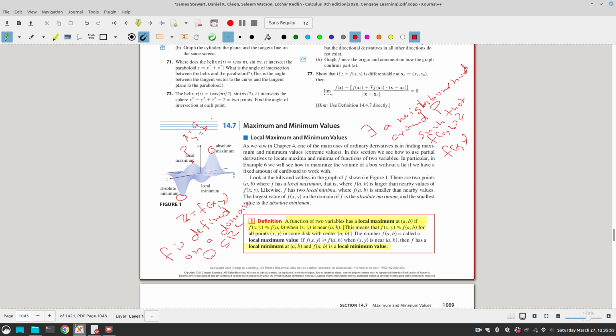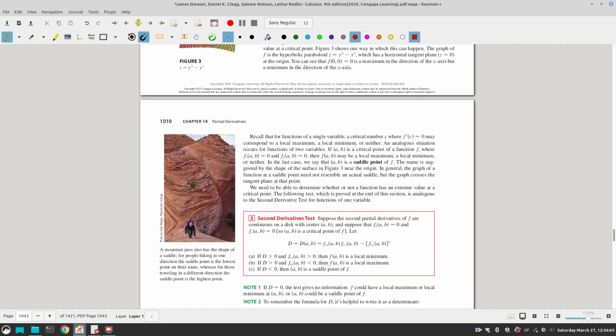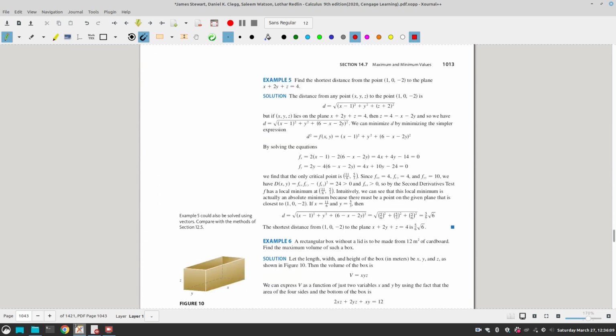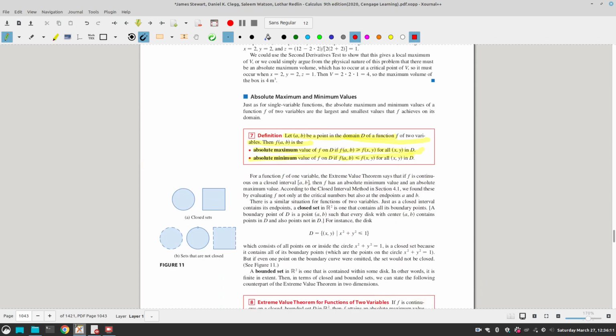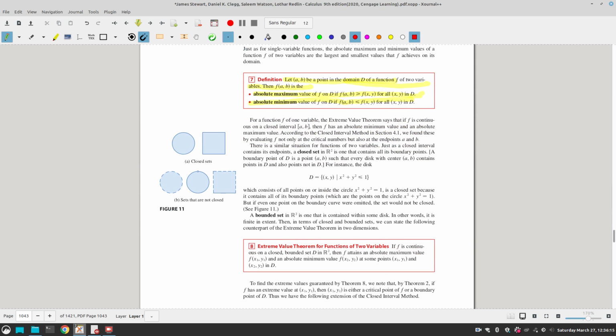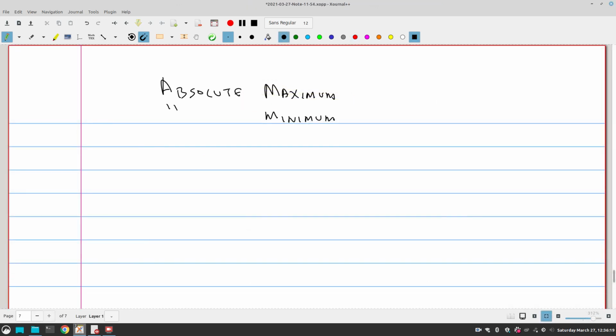And this is a local maximum, and this is a local minimum, because they are maximum and minimum on subsets of the domain, in small neighborhoods of the critical points, right? Okay, so this was the case in single variable calculus as well.